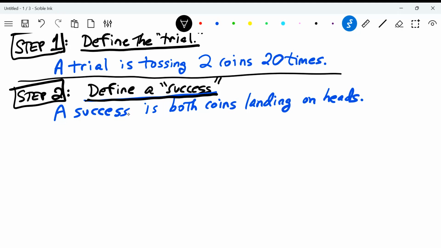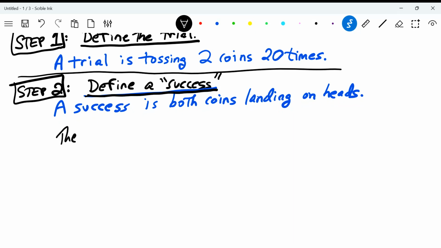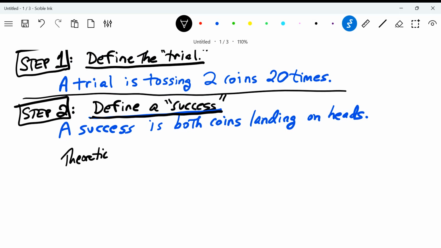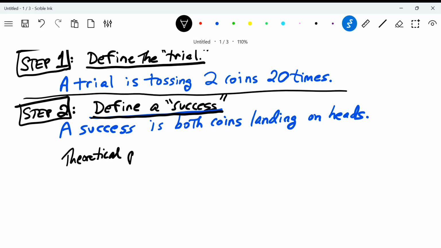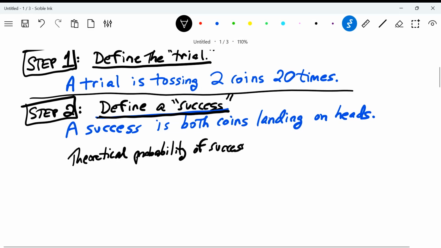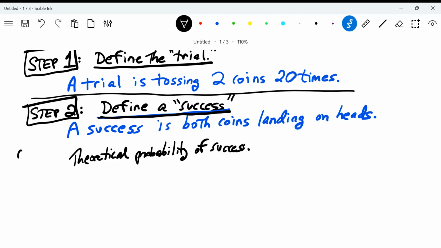Now let's talk about the theoretical probability of success, and that's going to be underneath this. The probability of actually getting this, of landing on heads, that's what we're going to look at here. I think we can call this step 3 because we know from step 2 now what we want to get.